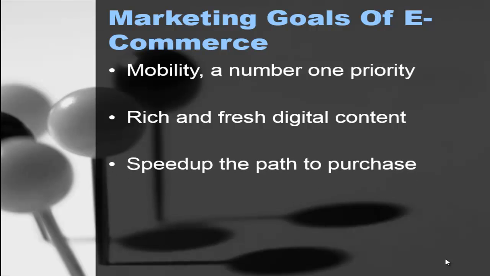And the third marketing goal of e-commerce is to speed up the path to purchase. As customers do not have time to sift through pages of products laid out in the typical grid format, commonly used on most e-commerce sites, marketers can guide shoppers through their online shopping experience by giving them the ability to filter by size, color, or brand instantly, or create a uniquely tailored shopping experience complete with shoppable icons next to each product, so that a customer can capture attention and drive more clicks.